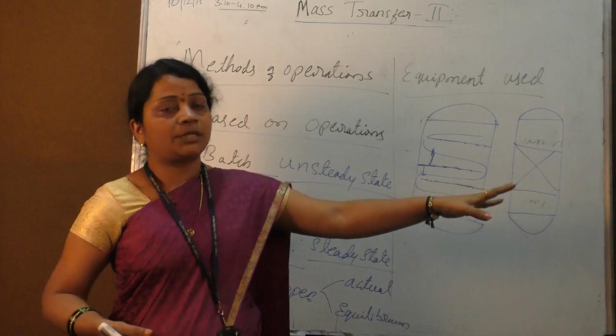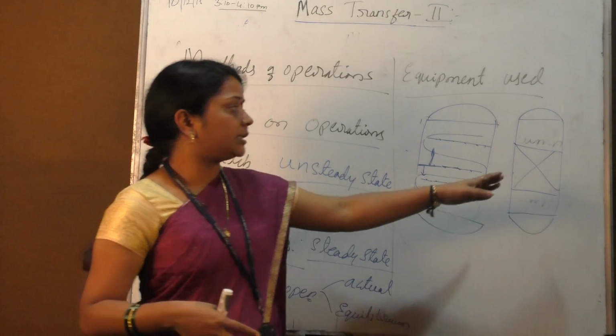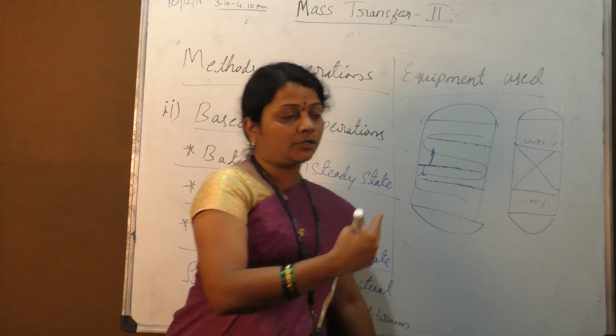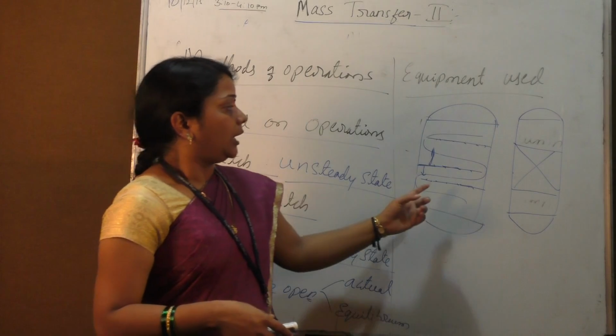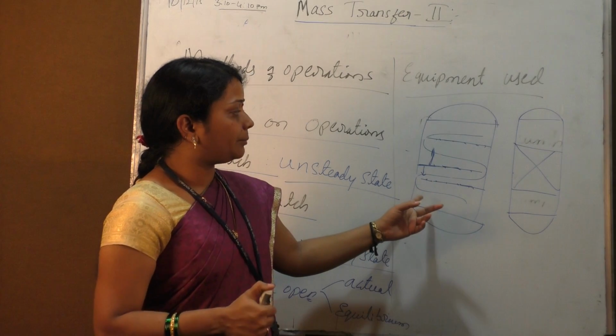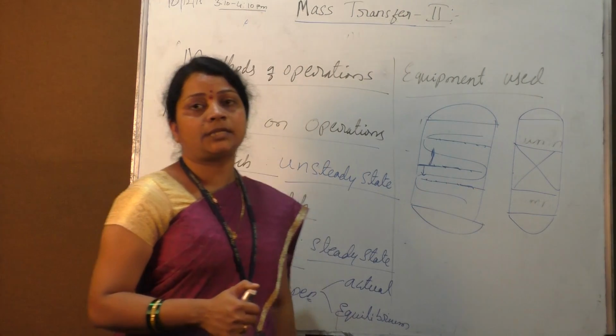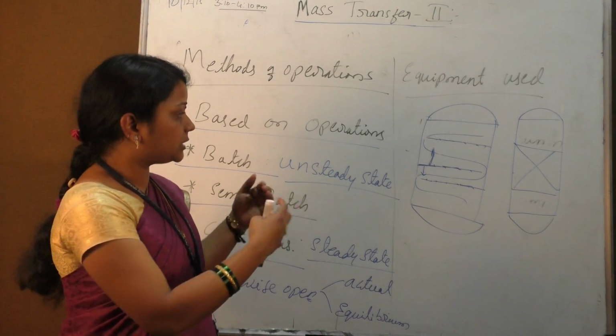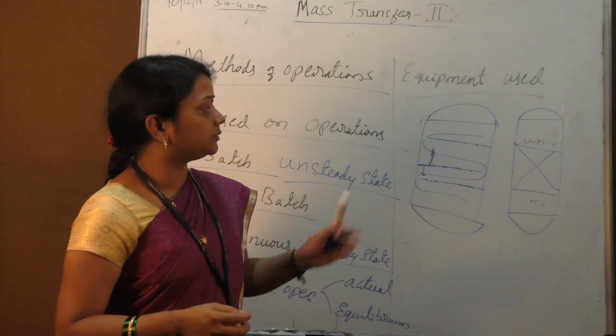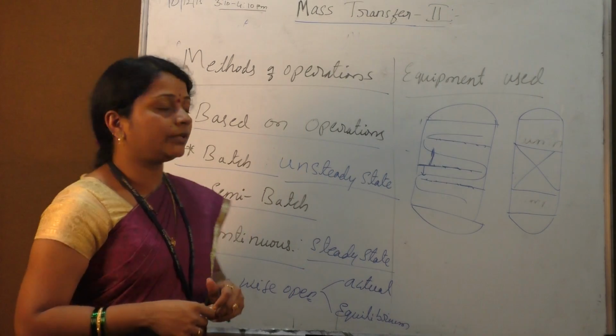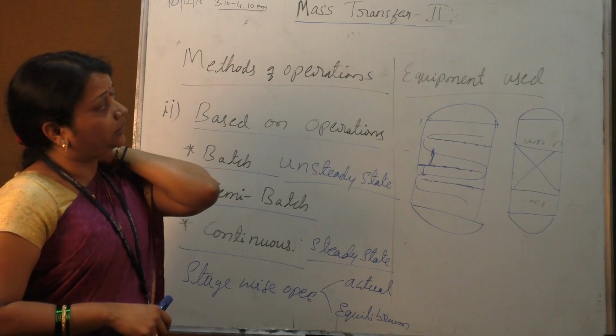So if any corrosive materials are involved in the separation, you can go for a packed column type of process. And the liquid holdup is more in the plate column, and liquid holdup is less in the packed column. These are certain comparisons between the packed and plate column types of equipment used in the industry for separation purposes.